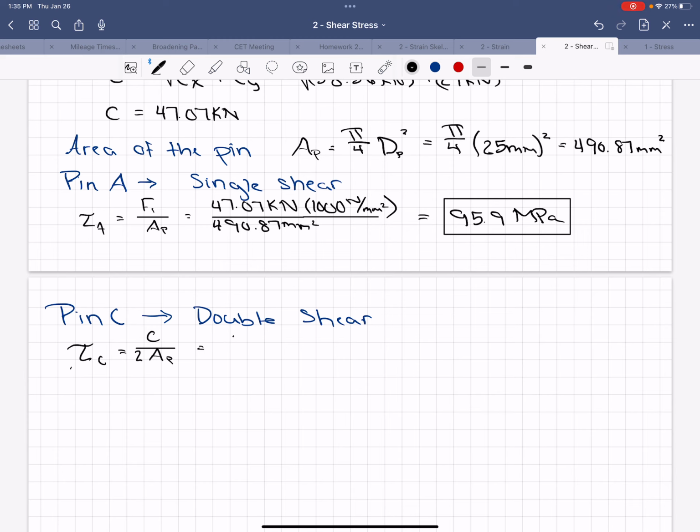So that equals 47,070 newtons all over 2 times 490.87 millimeters squared. And we get the shear stress of pin C equals 47.9 megapascals. All right, so there is a good shear stress example.